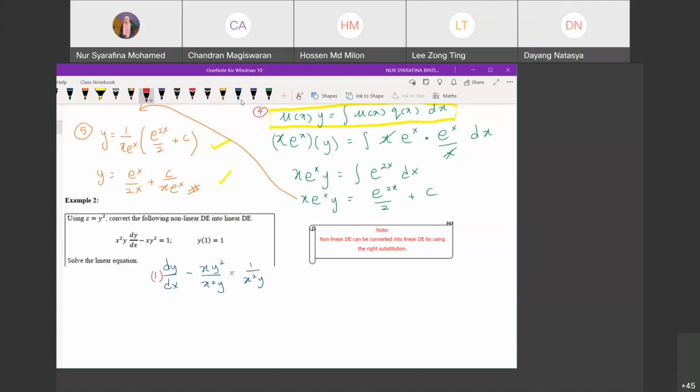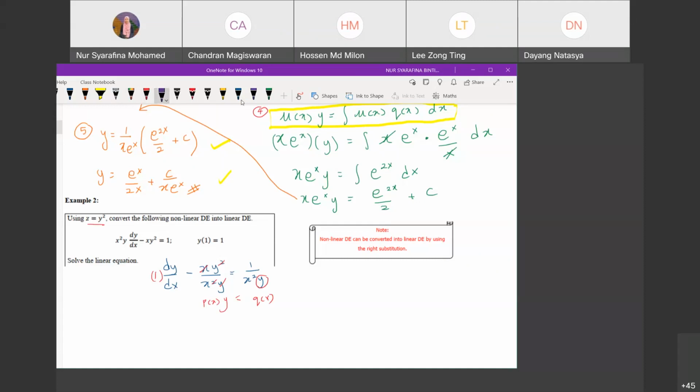And this one can also be reduced to a function of x. But there is y in the function of q x here. So, meaning that this is nonlinear. Okay, so now we have to use the substitution to reduce this nonlinear to linear.